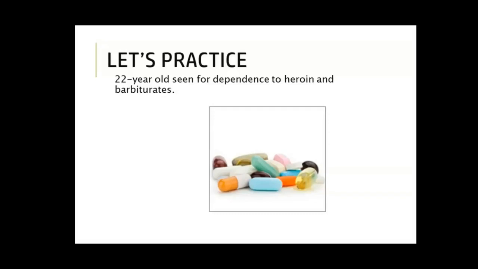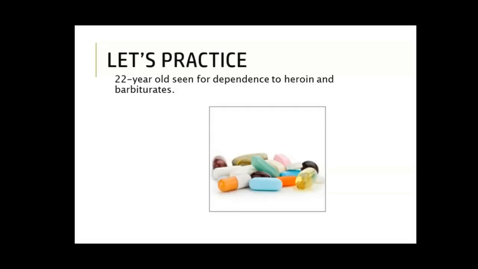Nobody guess? Okay. It's actually an opioid. So once we get to dependence, we're going to go to drug and then down to opioid. And our default code right there is F11.20.